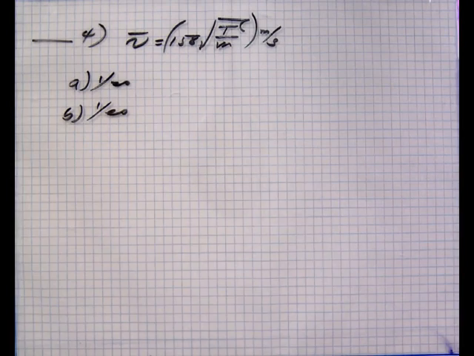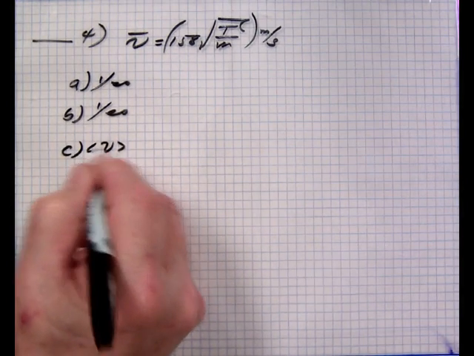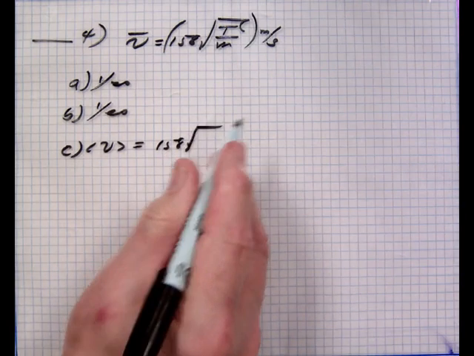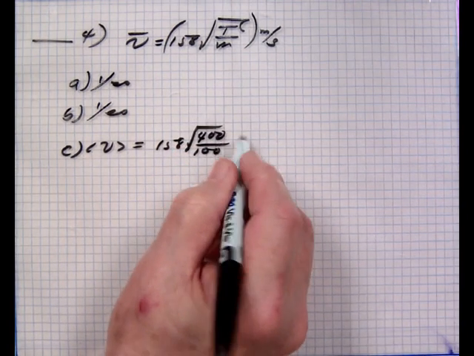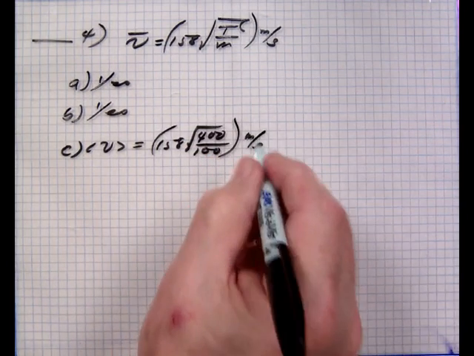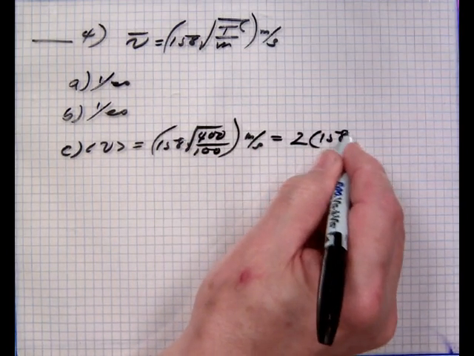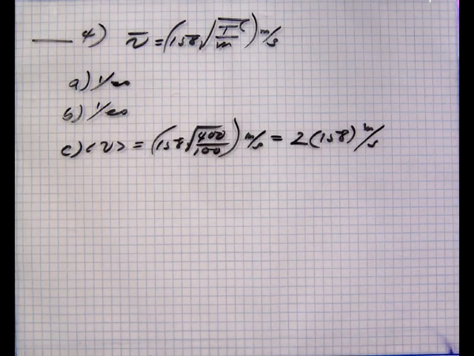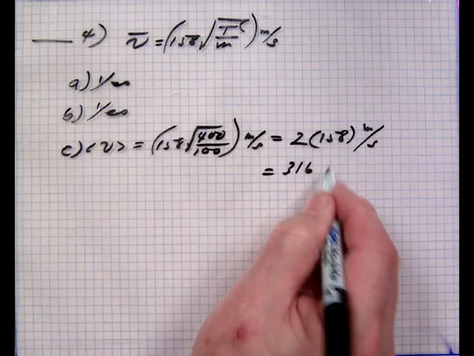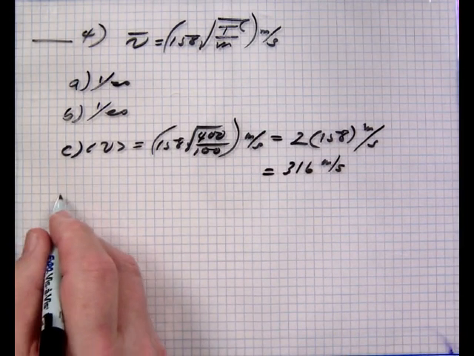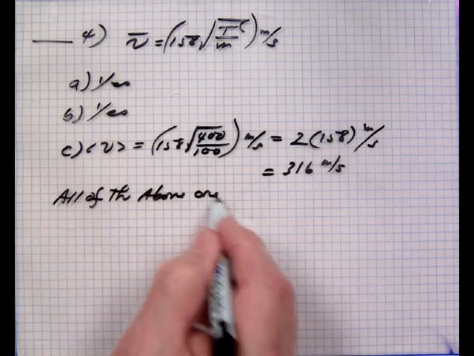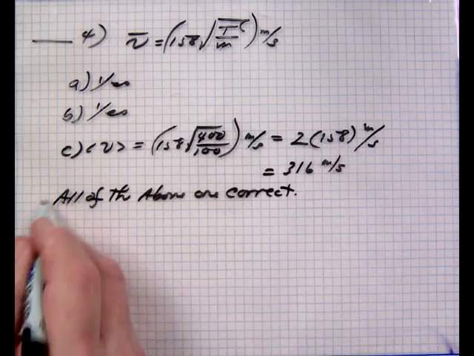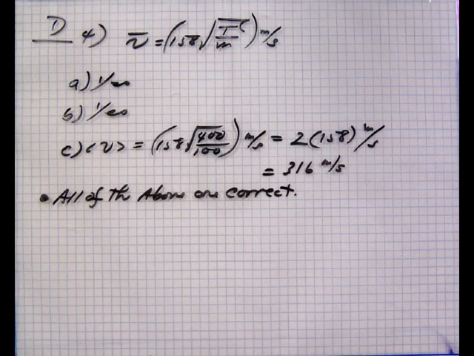And I did a little calculation for, let's see, what is the root mean square velocity? 158 on the square root of 100 grams per mole at 400 Kelvin, so it's really 400 over 100, and this drops out to 2 times 158 meters per second. Whatever that comes out to be, 316 meters per second. So the answer is all of the above are correct. That would be D choice.